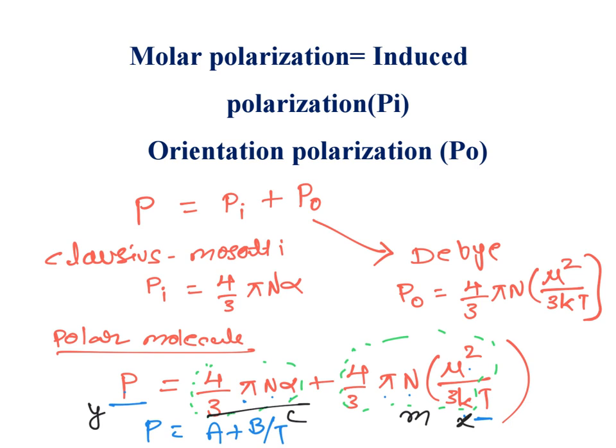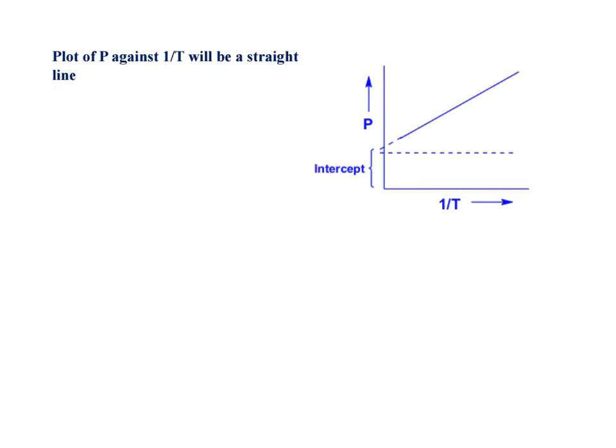That means intercept is equal to A and slope is equal to B when we plot a graph between polarization versus 1 by T. Let's see here. Plot of polarization P against 1 by T gives a straight line, and intercept is equal to A and the slope equal to B.